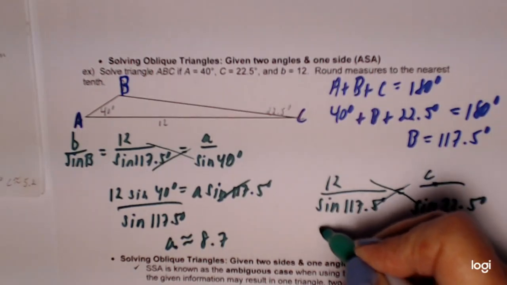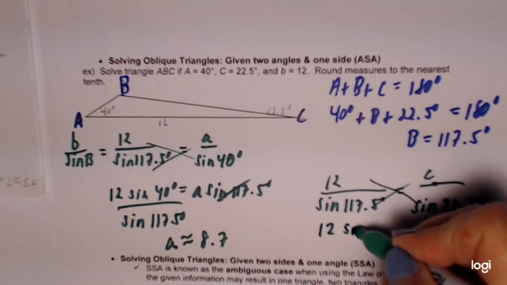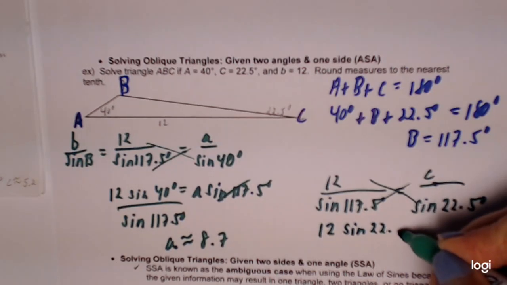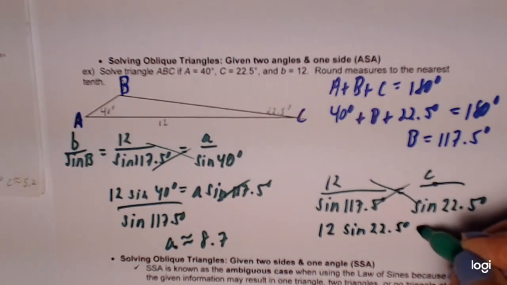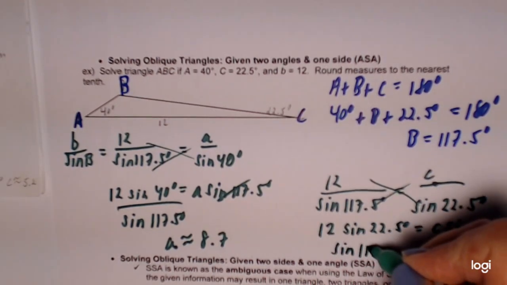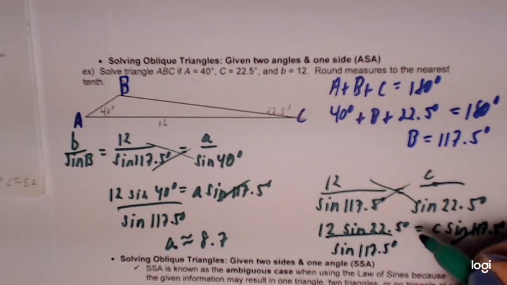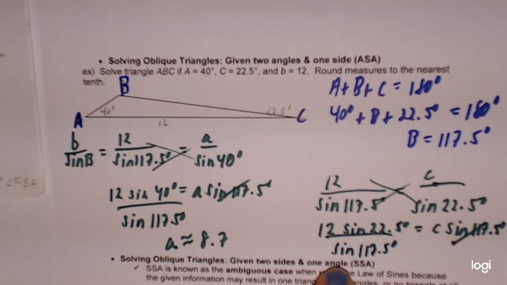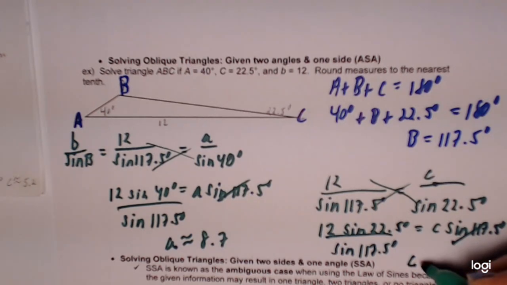We do our cross multiplication. 12 sine 22.5 degrees is equal to C sine 117.5 degrees, and divide both sides by the sine of 117.5 degrees. So C is equal to this here. So C is approximately equal to 5.2.